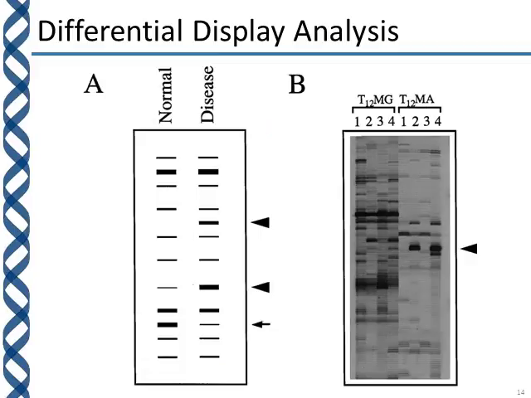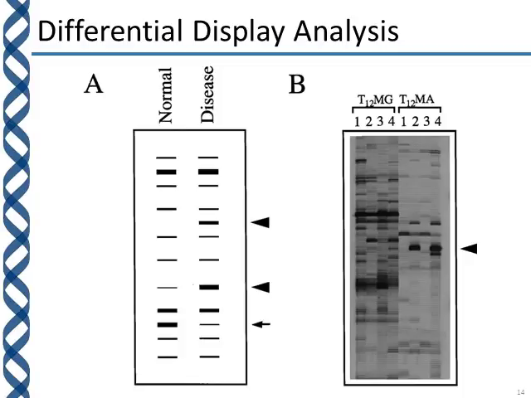Here is another example of how differential display analysis can work, in a normal cell's isolated messenger RNA versus a disease cell or disease condition. Again, the first arrow points out a messenger RNA which is expressed only in the disease condition.